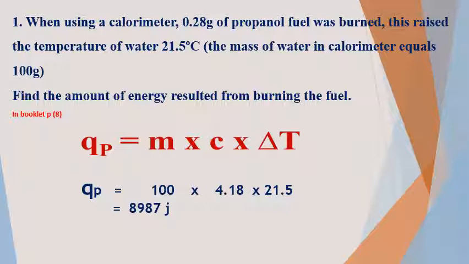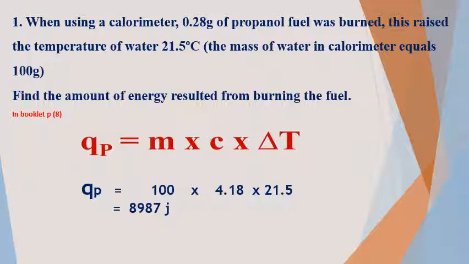Multiply by the delta T here. Here he gives you delta T directly. He doesn't give you T initial and T final. He gives you the delta T directly. So the delta T here is 21.5, and the value will be 8,987 joule as quantity of heat.